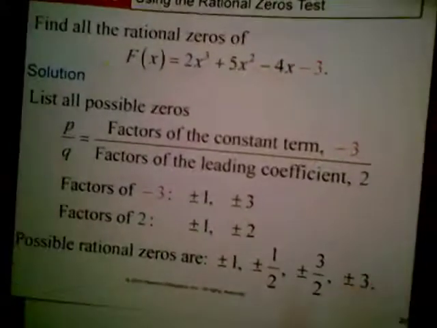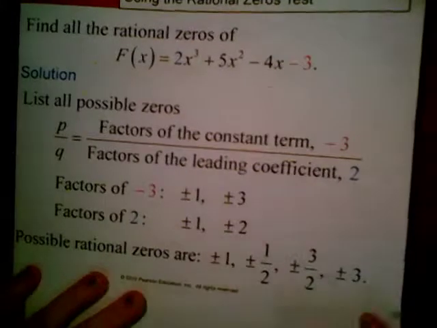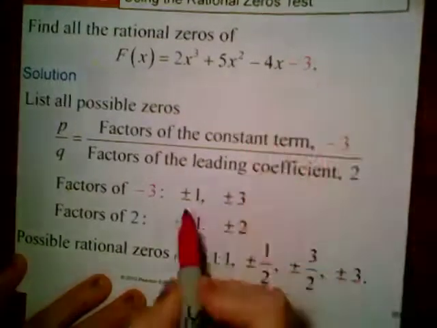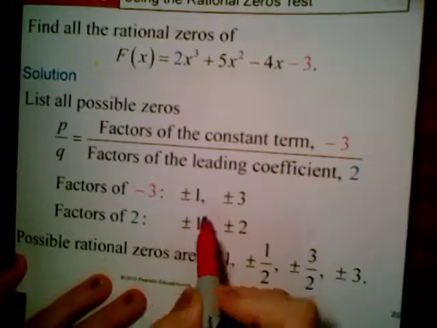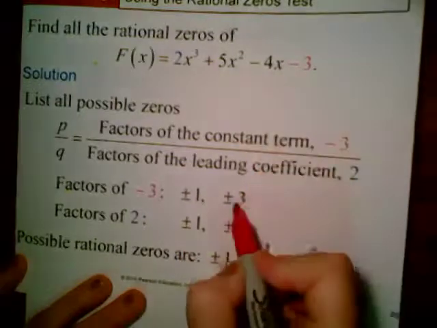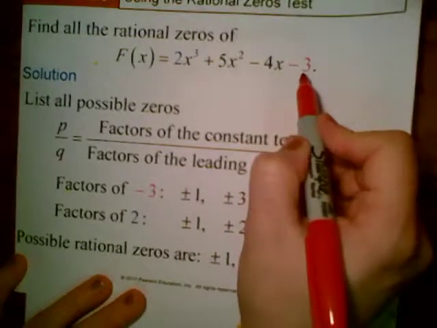So if you're looking for candidates of things to try in synthetic division, to try to see if you have zeros, you're going to look at this constant right here in red and write down all of its possible factors. So 1 and -1 divide -3 evenly. 3 and -3 divide -3 evenly.